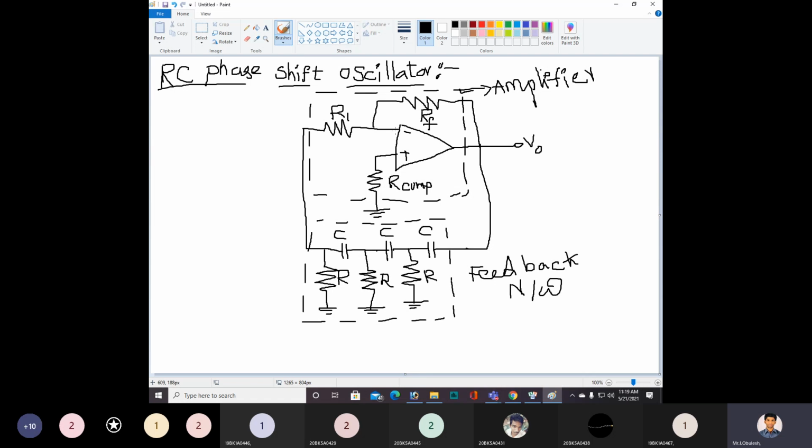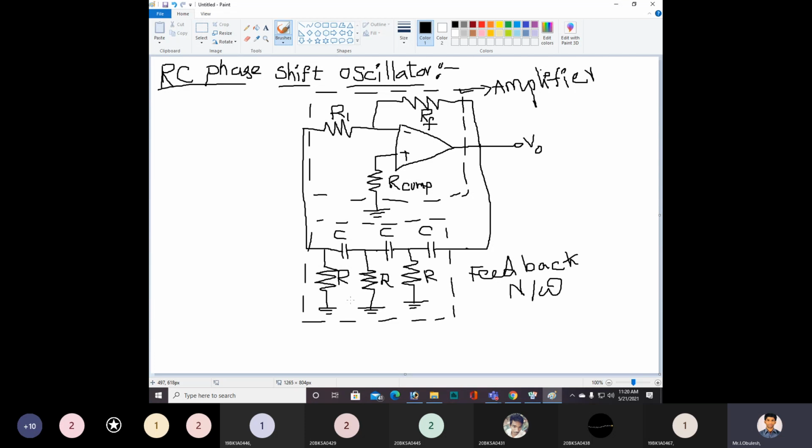An additional 180 degrees phase shift is provided by the cascaded RC network, the cascaded RC feedback network we have here, to obtain the total phase shift around the closed loop as 360 degrees or 0 degrees.